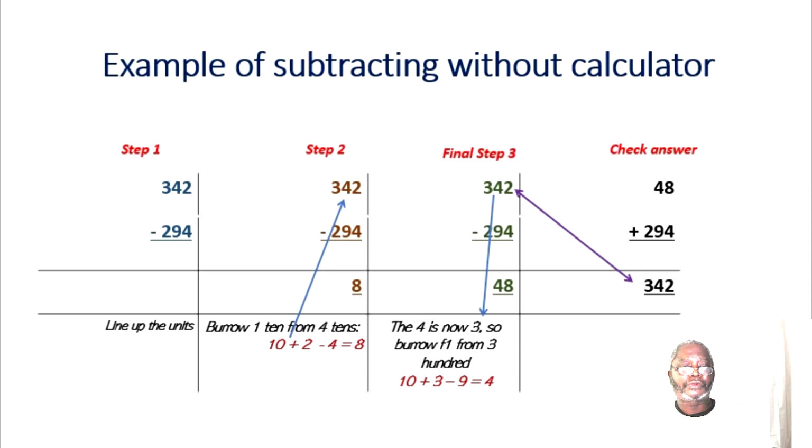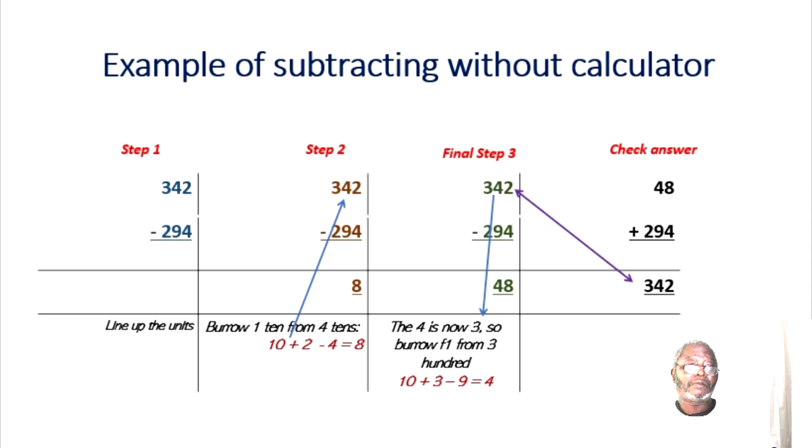Then you go on to the next column. Remember, you've borrowed 1 from the 4. So that will leave 3 tens. Now, 3 minus 9, you cannot do it. So you'll have to borrow 1 from the hundreds column, that is from the 3.